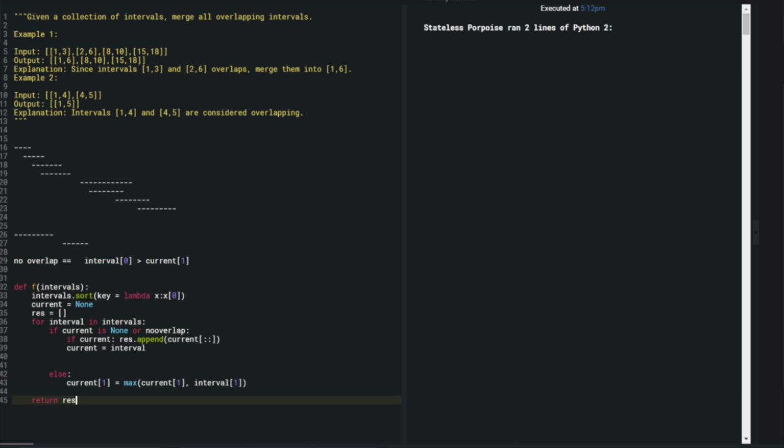In all other cases, I think it's right. Let me try this. If the interval starts after it ends, then there's no overlap.